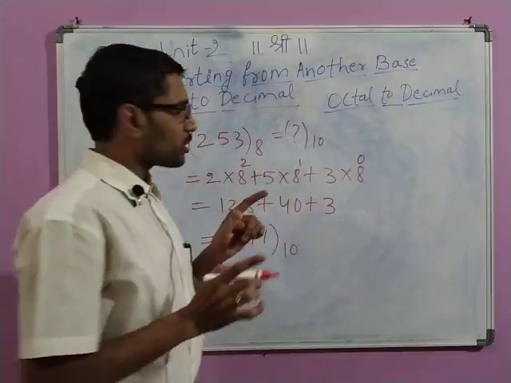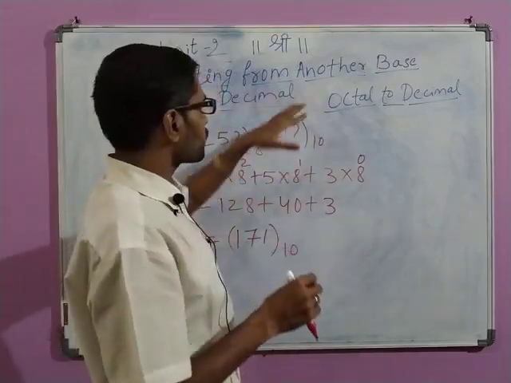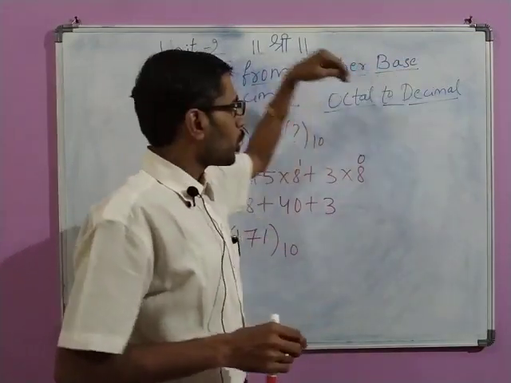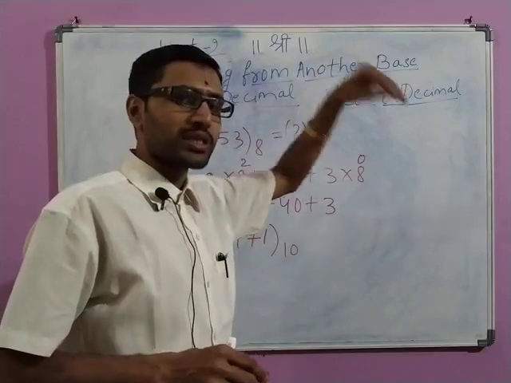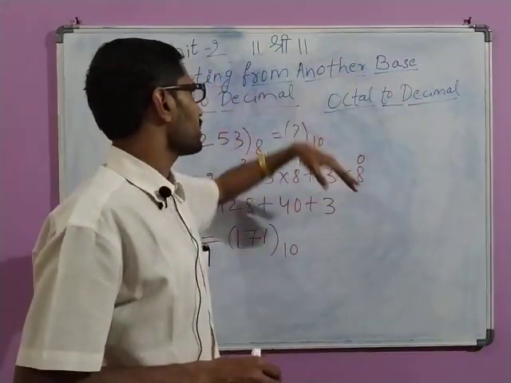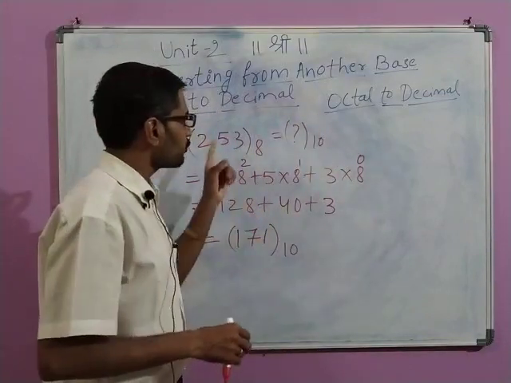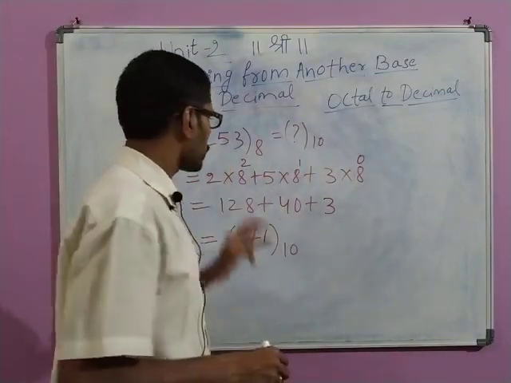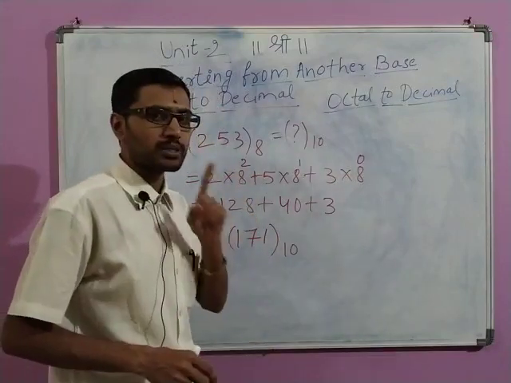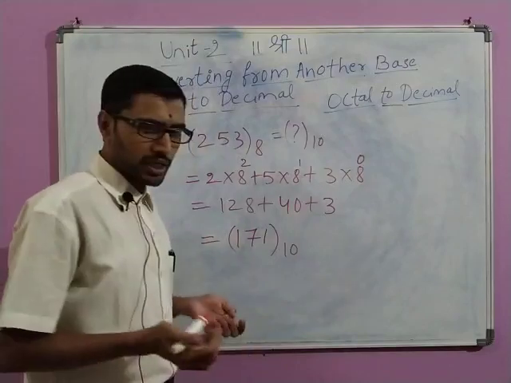If you remember the steps, whether converting from binary to decimal, octal to decimal, hexadecimal to decimal, or base 4 to base 10, any type of base you have, you can convert it to decimal if you remember those 3 steps. Remembering the steps is very essential, and if you practice a few more problems, it will be easy for you.